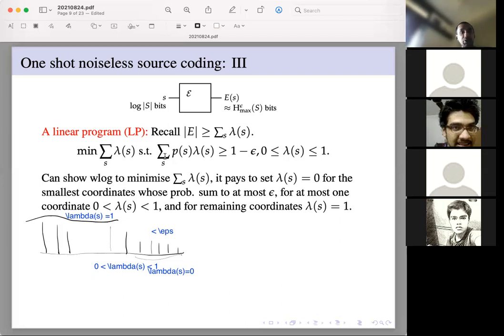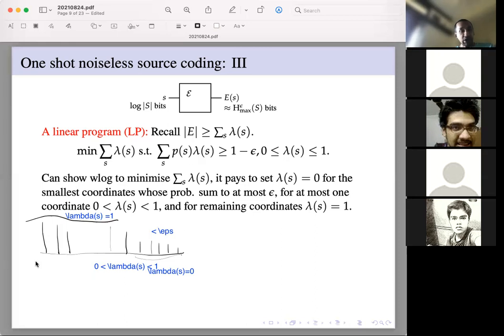Now, what is the contribution to success probability from the left lambda s? That is exactly summation PS. And remember the reshaped lambda that I've got is a feasible solution. It does satisfy the success probability larger than 1 minus epsilon.